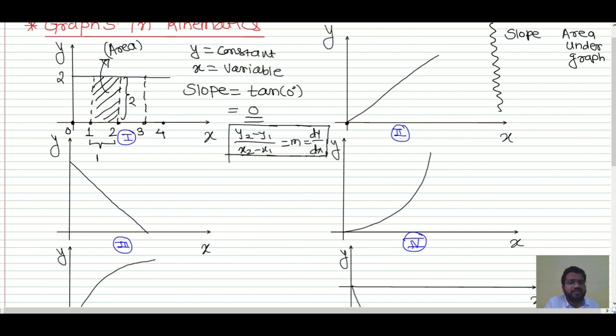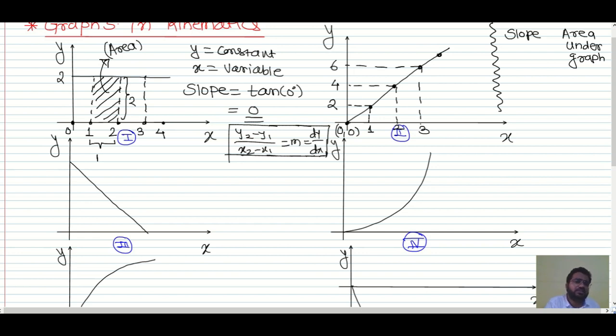Now if I consider initially the particle is at 0 and the y coordinate also is at 0, we can say the x and y coordinate will be 0, 0. And as I move further on this line, along the x-axis if it is 1, then along the y-axis you consider it as 2, along the x-axis if you consider this as 2, along the y-axis you can consider this as 4, along the x-axis if you consider this is 3, along the y-axis you can consider this as 6.